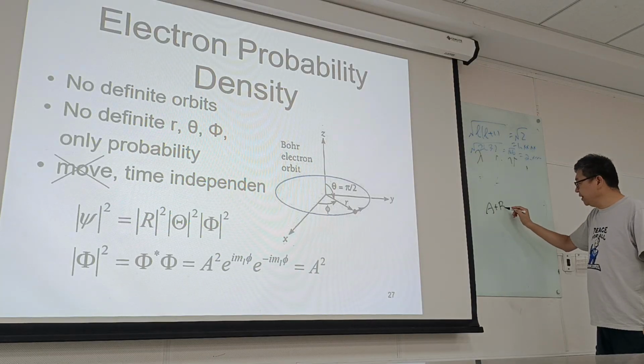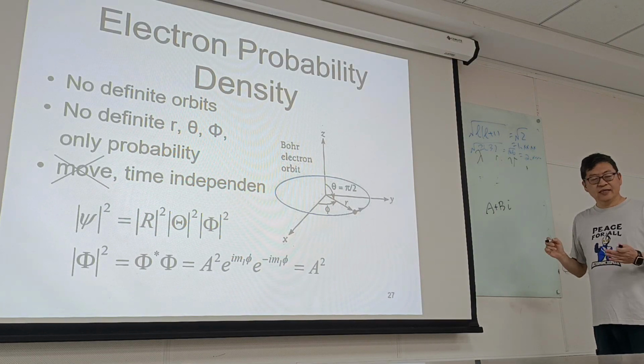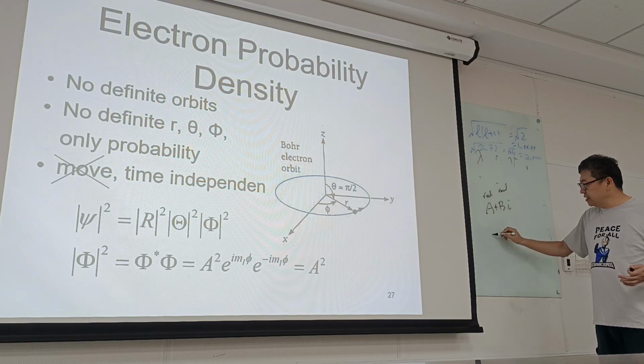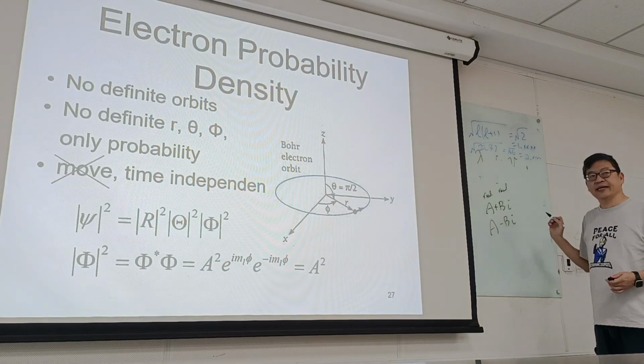if one number is a plus bi, then its conjugate is a minus bi.